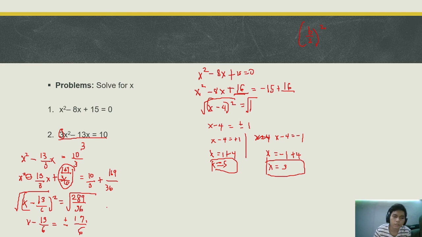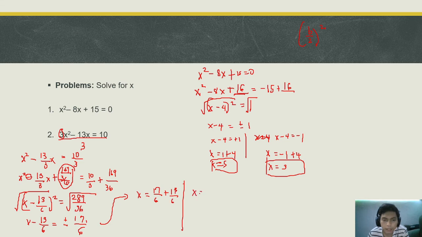Okay, so therefore you can get the values of x as x equals positive 17/6 plus 13/6. Sorry, hold on. Plus 13/6.